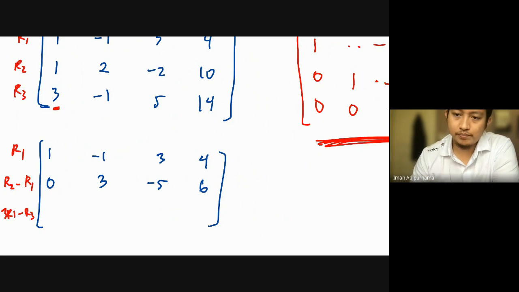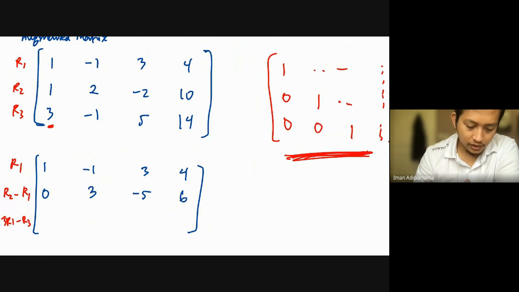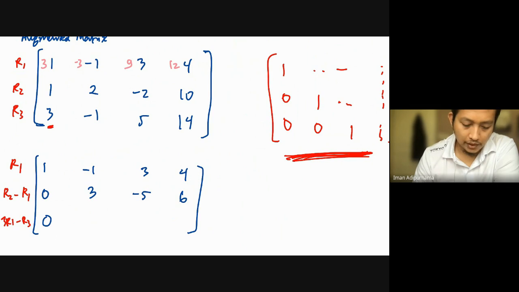You can have many methods in the process, but the answer should be the same. So 3R1, multiply with 3: this is 3, 3, 9, and 12. So 3R1 minus R3: 3 minus 3 is 0. Minus 3 minus minus 1, so minus 3 plus 1.